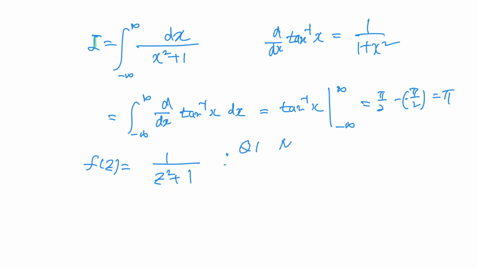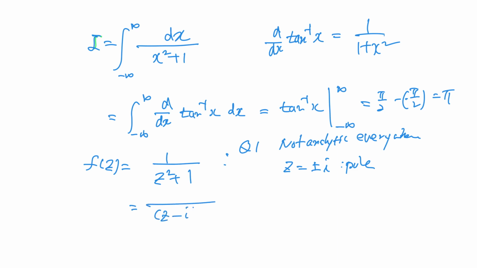So not analytic everywhere. And z equal plus minus i is the location of the pole, right? So this is z minus i, z plus i.